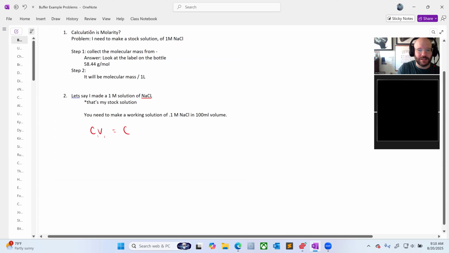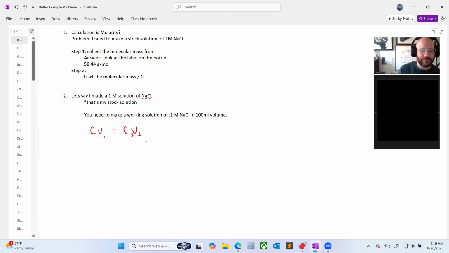C1V1 equals C2V2. This is a proportional equation. This is the simplest way to do this calculation. You have a concentration that you know, which is 1 molar of your stock solution, and a concentration that you want, which is 0.1 molar.